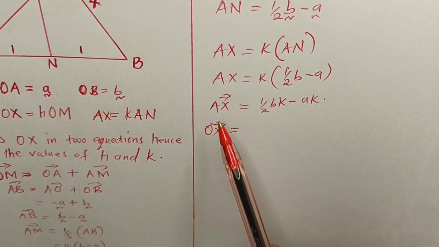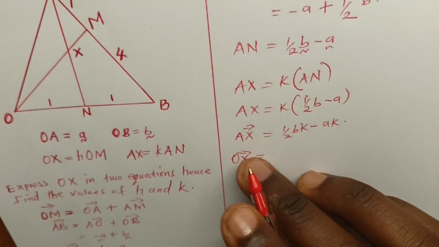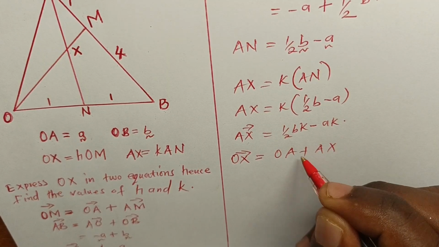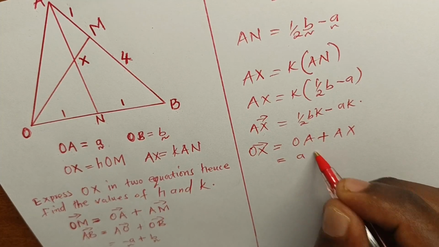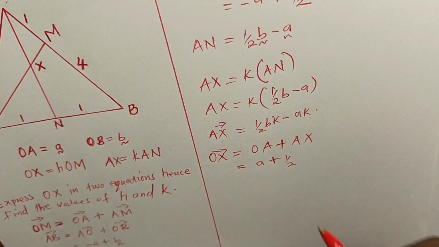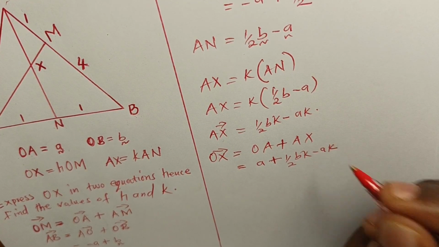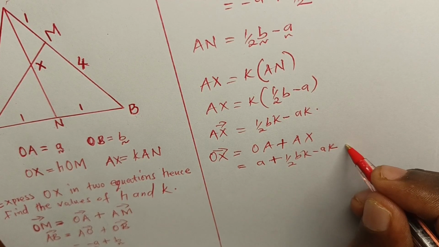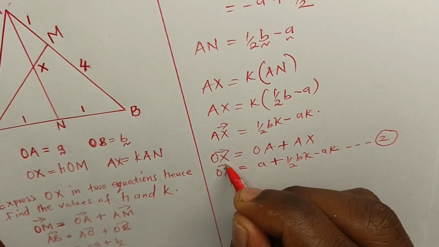Remember, we have our AX as a half bk minus ak, so this takes the route OA plus AX, and OA is a, plus AX is a half bk minus ak, and this will give us the second equation of OX.